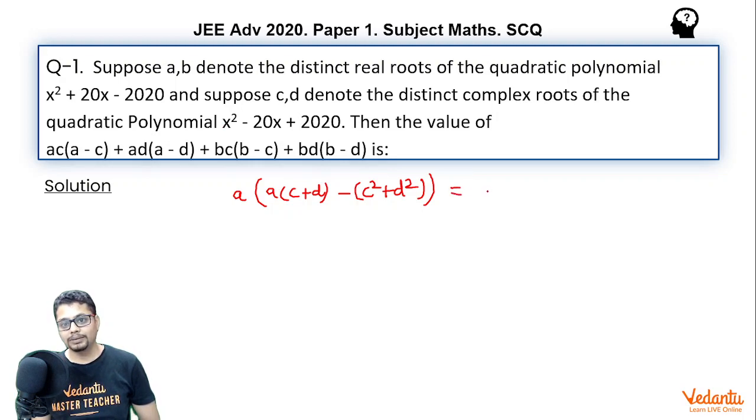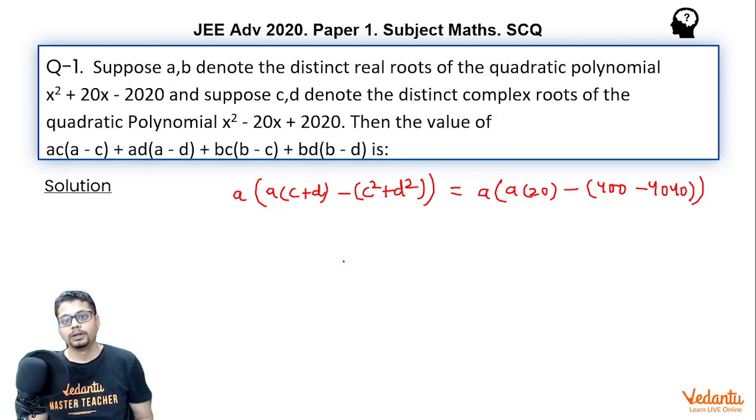So basically it becomes A times 20. And what about C square plus D square? I can write this as (C plus D) whole square minus 2CD. C plus D whole square will be 20 square, which becomes 400, minus 2CD. CD is 2020, so it becomes 4040.